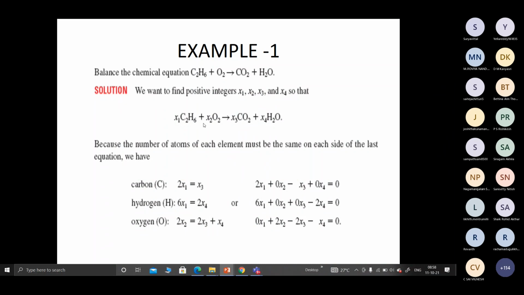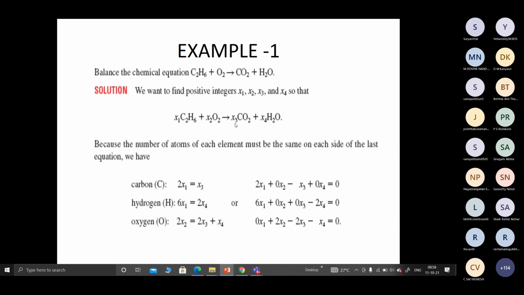So that means, okay, the 2 carbon is equal to, here it should be 3. You have to form these equations. 2x1 equal to x3 on the right hand side for carbon. For hydrogen, how much? 6x1 should be here. How many hydrogen should be here? Sir, 2x2. Sir, shouldn't it be the other way around? x1 equal to x2, 2x3, sorry.